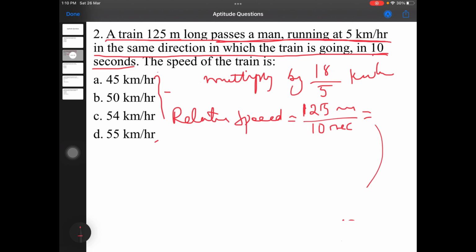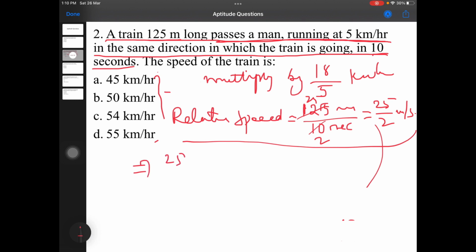Here we can divide by 5, it will become 2, and this one 25 by 2 meter per second, and we have to convert this meter per second into kilometer per hour. From here, for 25 by 2, we have to multiply it by 18 by 5, then we will get kilometer per hour.